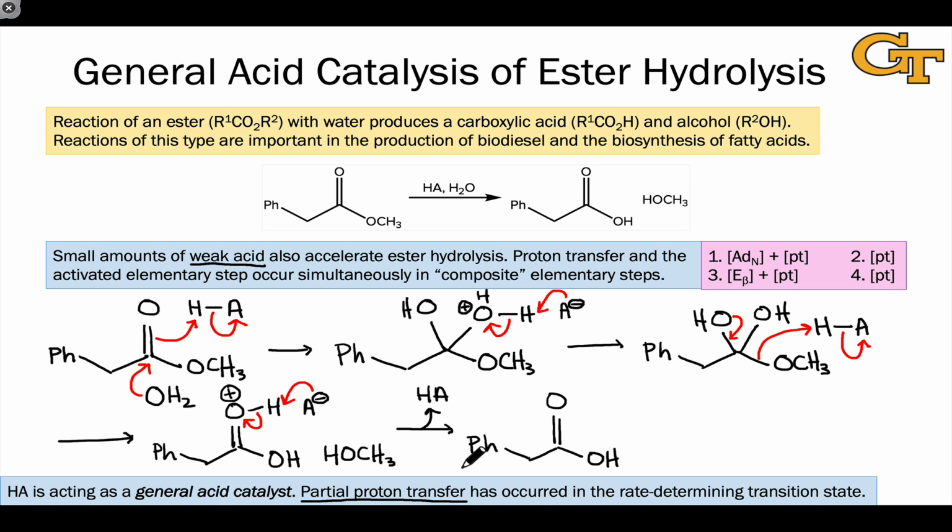Really, any acid with a variety of different identities for this A group could be used to catalyze this reaction via this mechanism, but the strength of HA, its intrinsic strength, and its concentration both have an impact on the kinetics. Basically, the right way to think about general acid catalysis is that HA is a general structure of an acid. In specific acid catalysis, there is a specific molecular structure, H3O+ in ester hydrolysis, that acts as the acid catalyst.